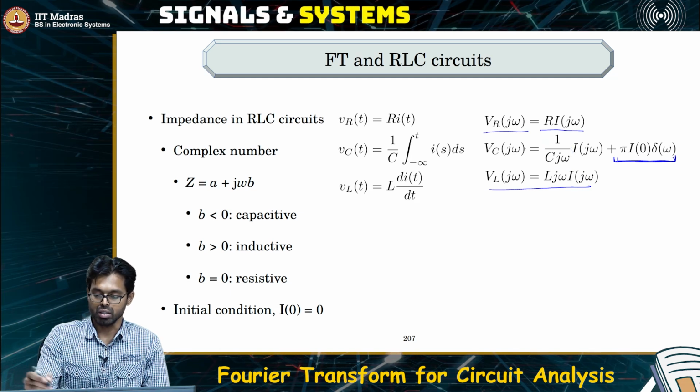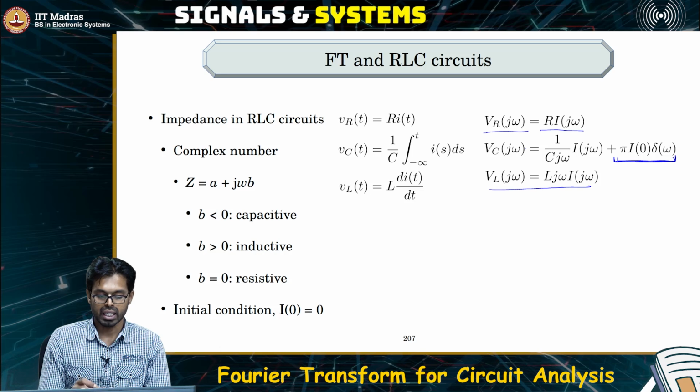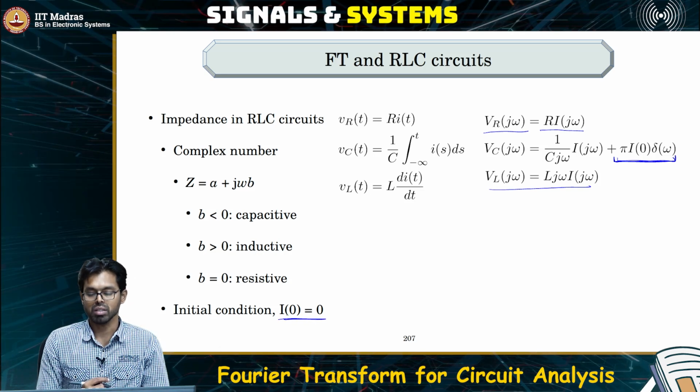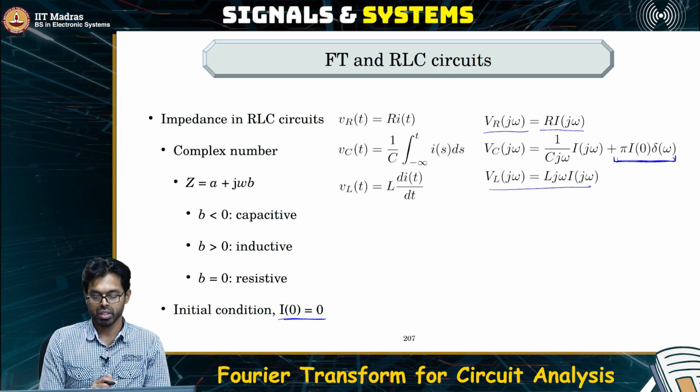In circuit analysis, we will make an assumption that the initial condition of current is 0. This is one of the possible initial conditions.